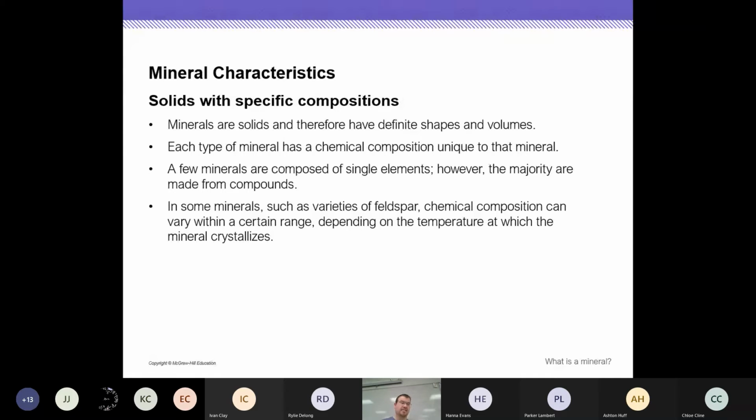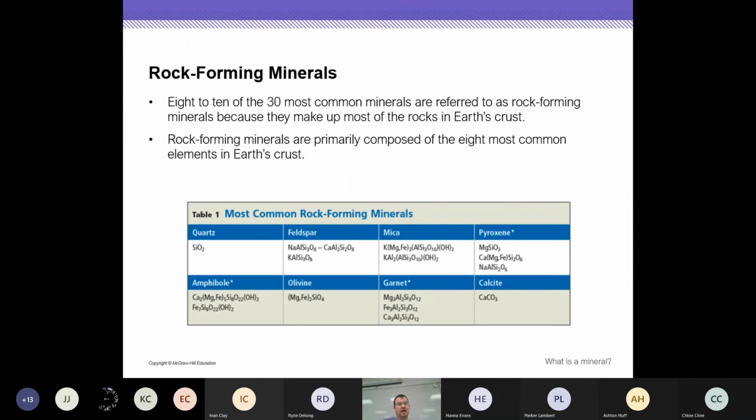Different things will crystallize at different temperatures, so that shouldn't be a big shock. They are solids, so they have definite shapes and definite volumes that do not change, and each type has a chemical composition unique to that mineral. If at any point you have a question, please stop me and just ask.